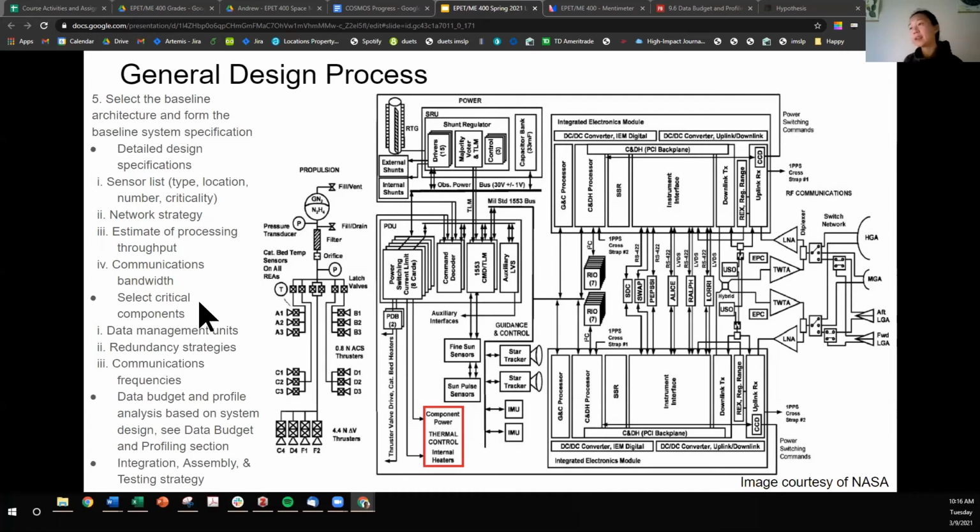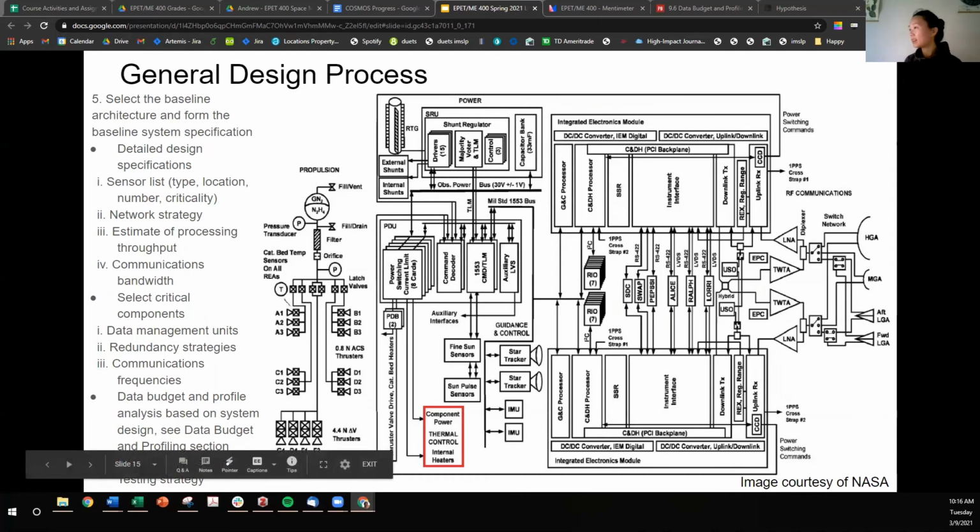And then you can select critical components. This will define the amount of data that you need to manage, what kind of redundancy strategies you need to apply to these critical components, and the different communication frequencies.